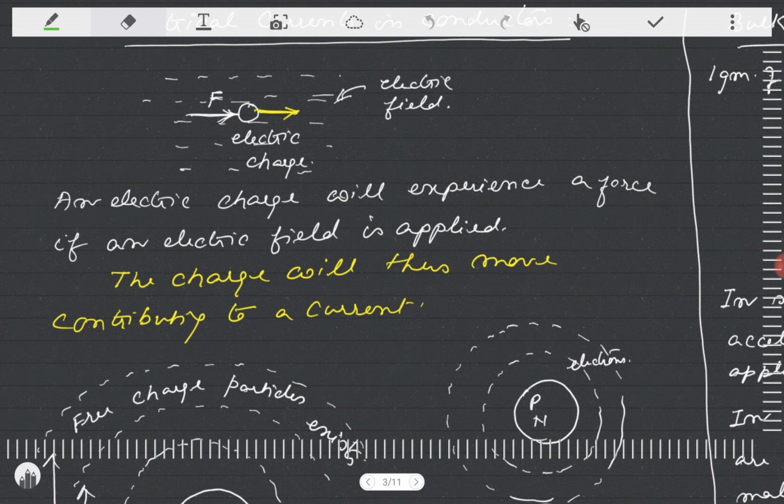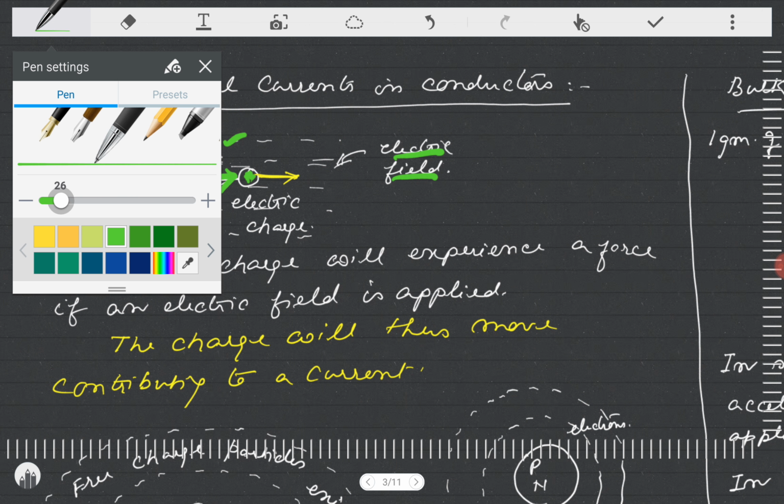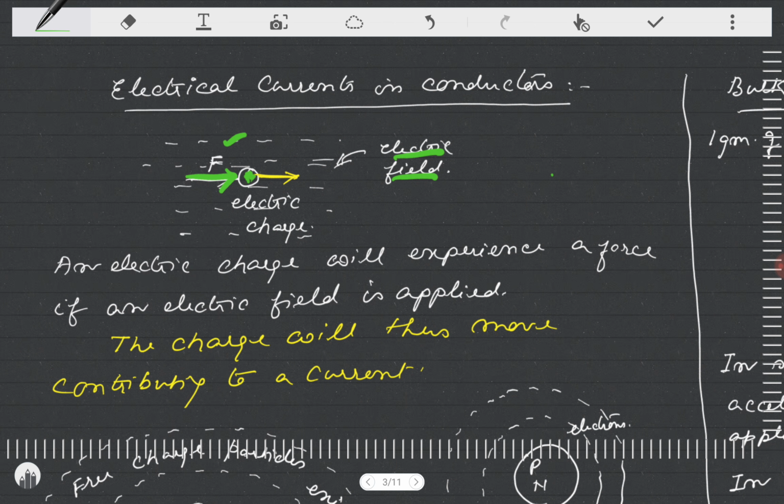There is a charge placed at the center, and since it is placed in an electric field, it will experience a force F in that field. If it is free to move, it will thus move, contributing to a current.